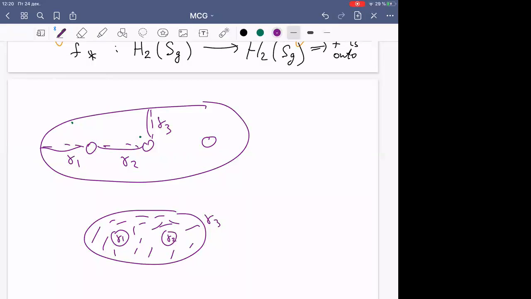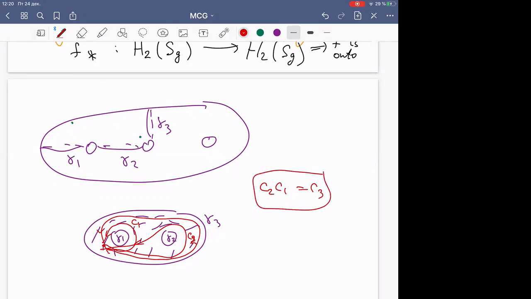And if we choose appropriately a base point, then look, the curve going along gamma 1 and the curve going along gamma 2, if we represent them by certain homotopy classes C1, C2, then, as I have written, C2 C1 is the curve going once along gamma 3.